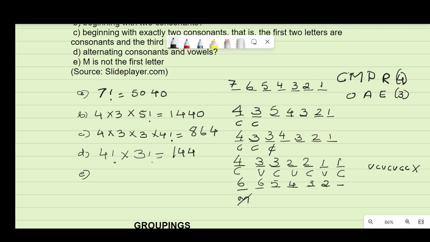So when there is no restrictions, it's factorial. So here the answer for E is 6 times 6 factorial. It's 4320. That is the answer, 4320.